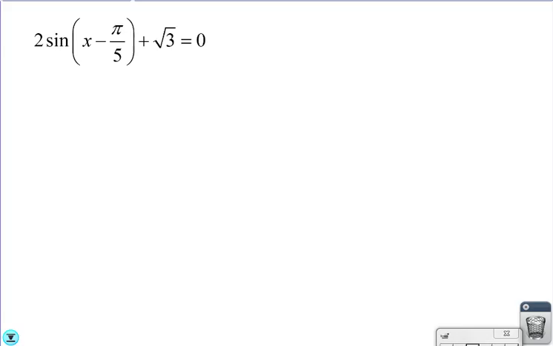So for these kind of questions, firstly you must remove the other numbers around the trigonometric ratio, around the sine of angle part. This part should be single at the end. Sine of x minus pi over 5 should be equal to a number. We must try to guess something like that. To make it happen, firstly you move plus root 3 to the other side as minus root 3.